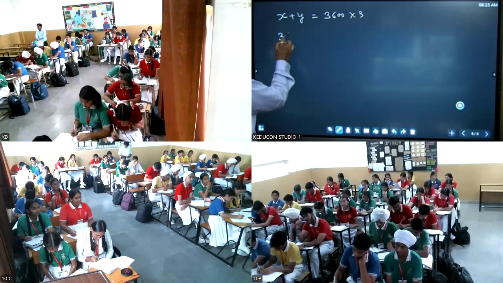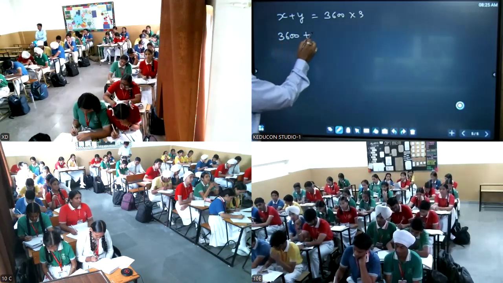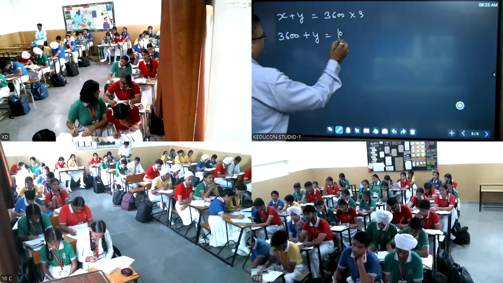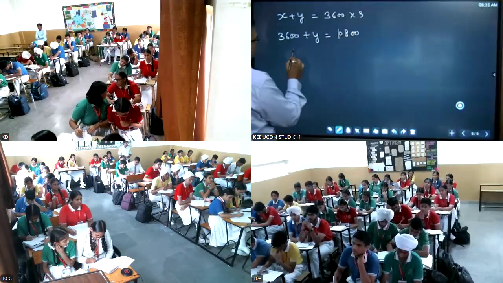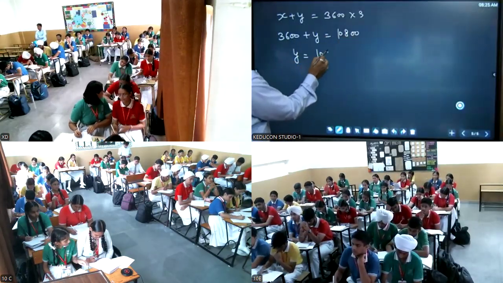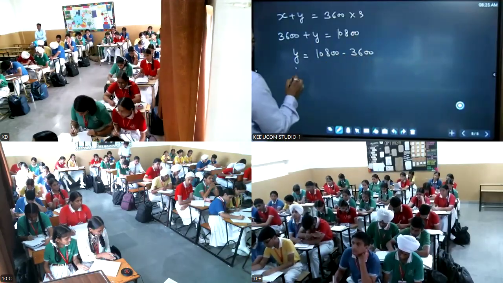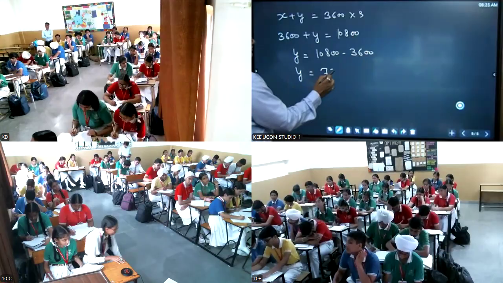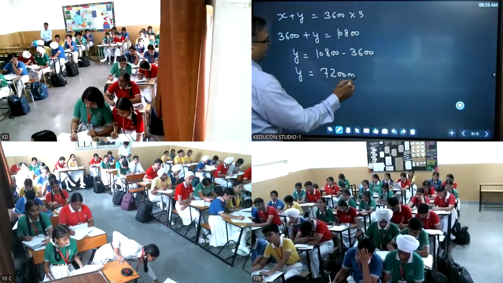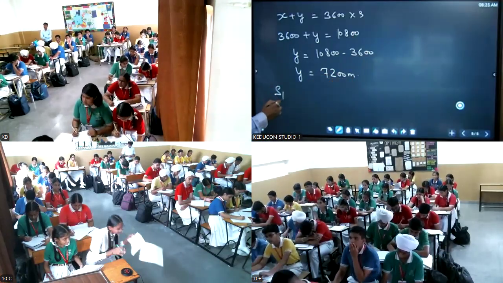Put the value of x. So this becomes 10800, and y comes out to be 7,200 meters. Now what do we have to find out?